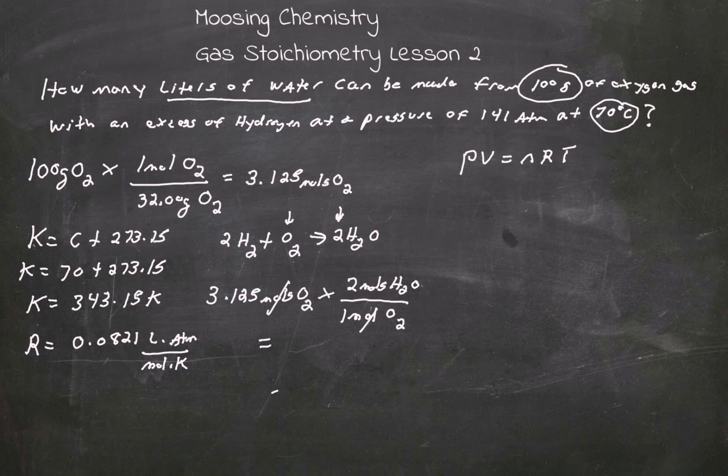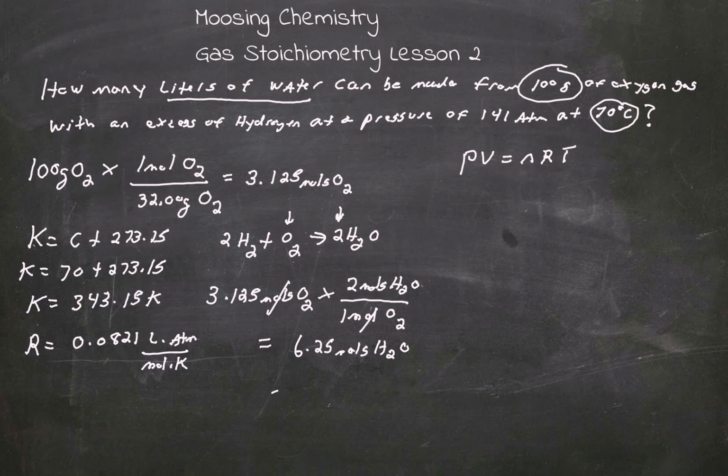We go 3.125 times 2, and this gives me 6.25 moles of H2O.